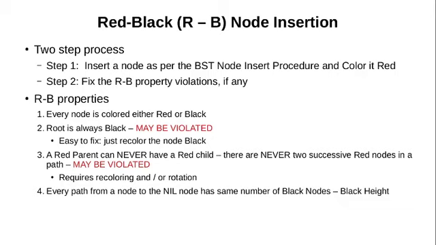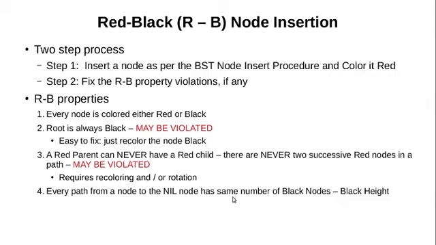Third, a red parent cannot have a red child. As the newly inserted node is colored red, this property gets violated if the new node's parent is also red. As we will discuss subsequently, a red-red violation can be addressed using recoloring and/or rotation.